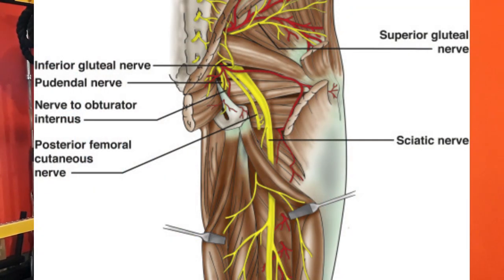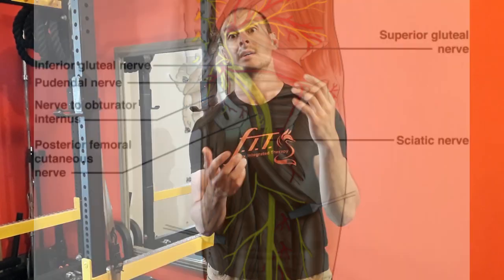Not only are these deep external rotator muscles important for hip stability, but the sciatic nerve travels within close proximity to these muscles. In particular, the nerve travels by the piriformis and obturator internus.